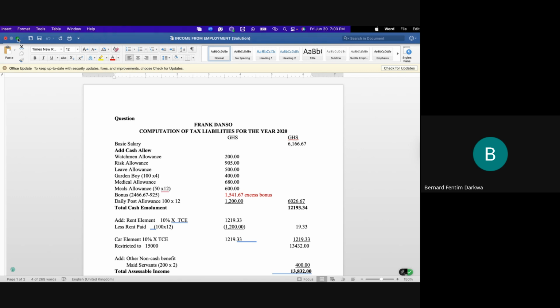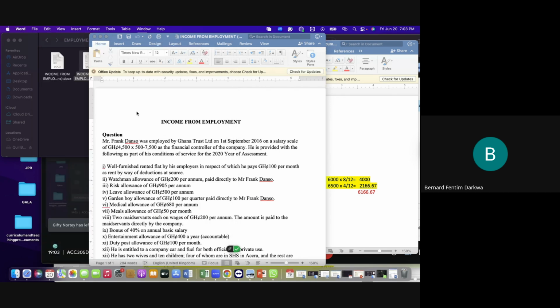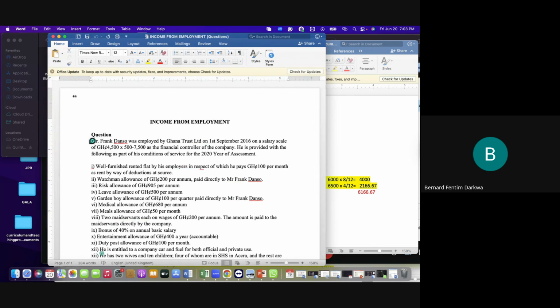Now, once you get your basic salary, you have to also remember that if you have excess bonus, it's treated as part of cash allowances. So let's go and calculate the bonus and see whether there is excess bonus, and if there's excess bonus, how much it is.